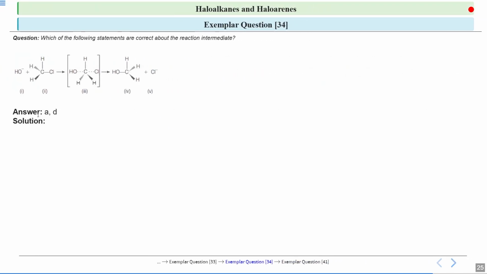So for this question, the correct statement containing options are A and D both.